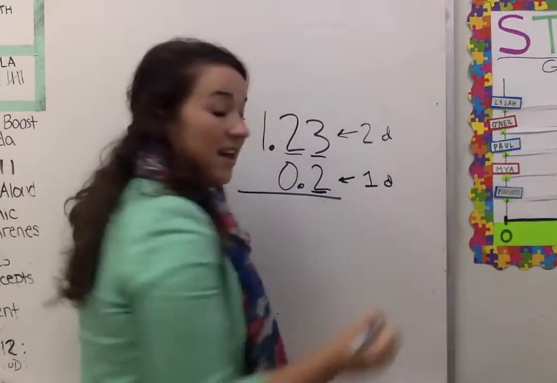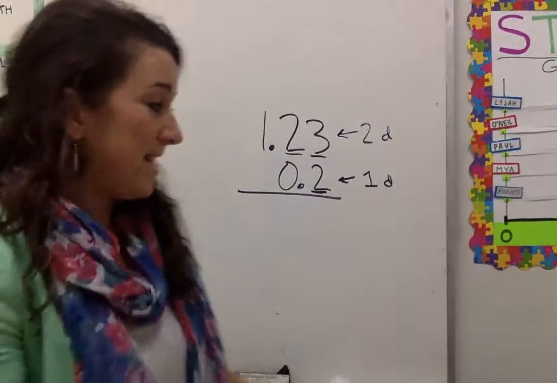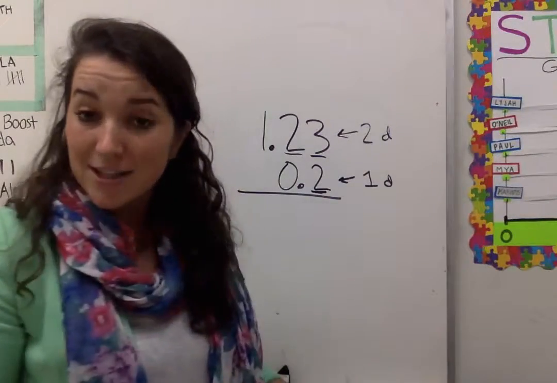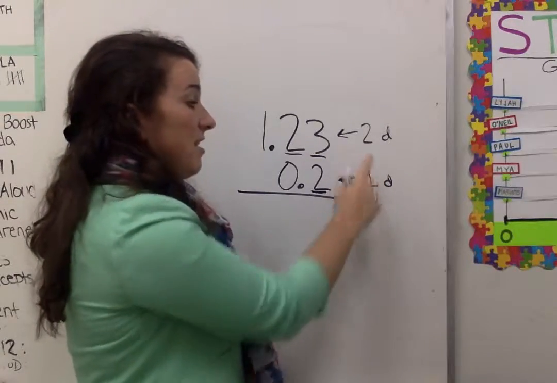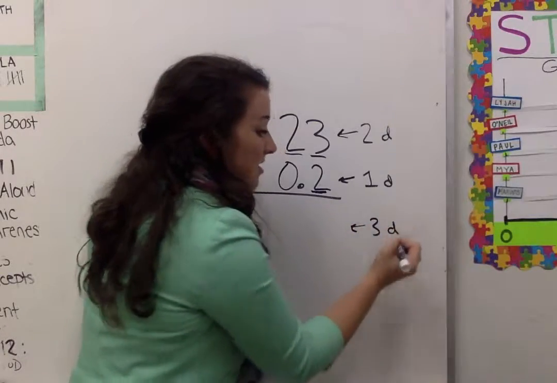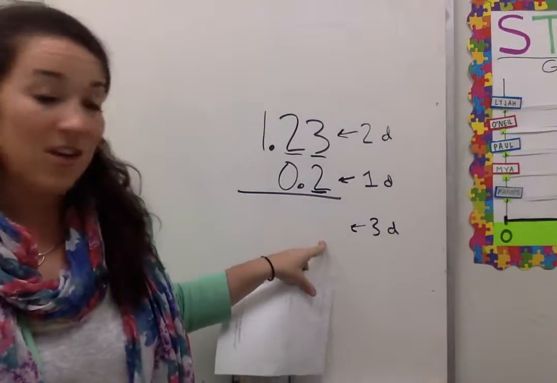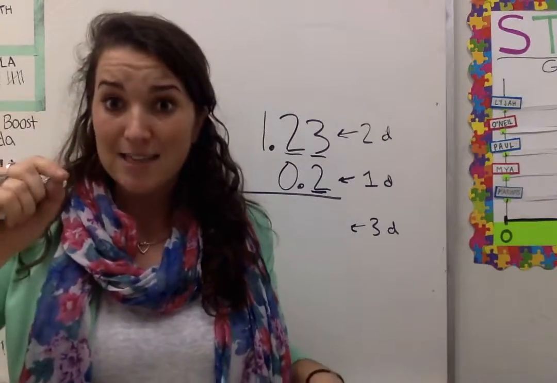Before I even solve this problem, I can figure out how many digits will be behind the decimal in my answer by adding them. So if there's 2 digits in this one and 1 digit in this one, there should be 3 digits behind the decimal in my answer. So I know that after I solve this, I'm going to have 3 numbers behind that decimal point.